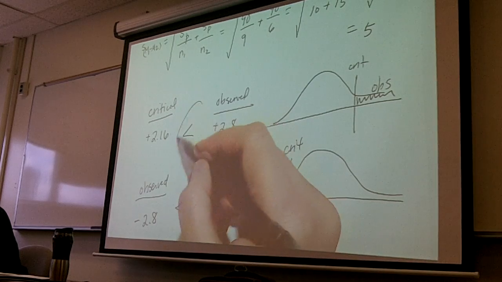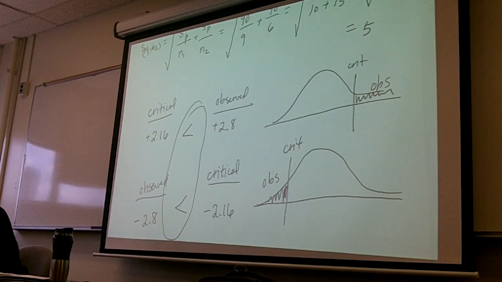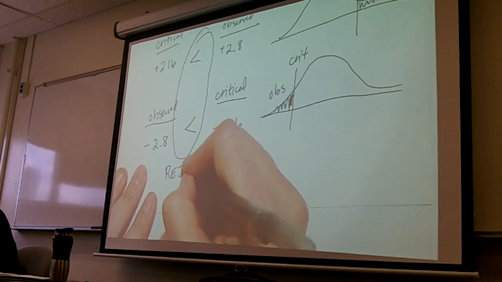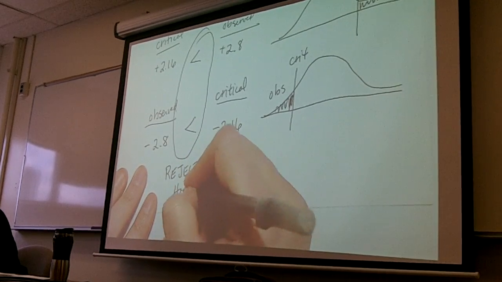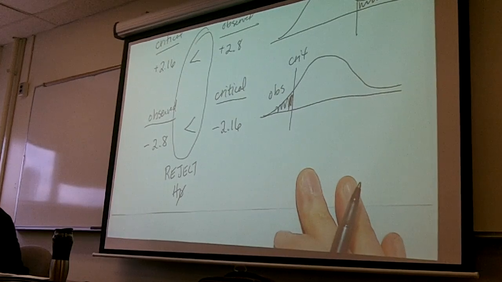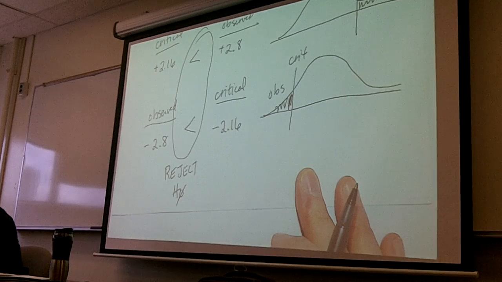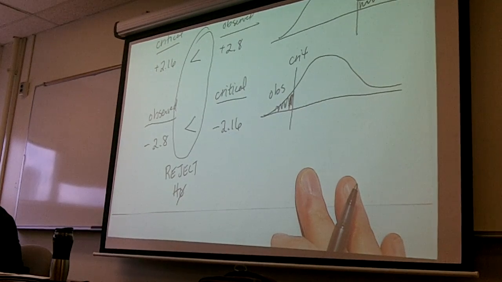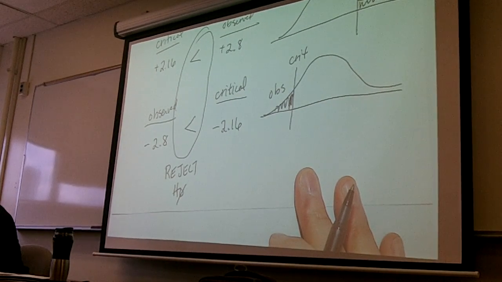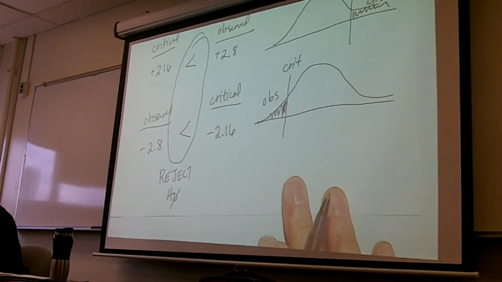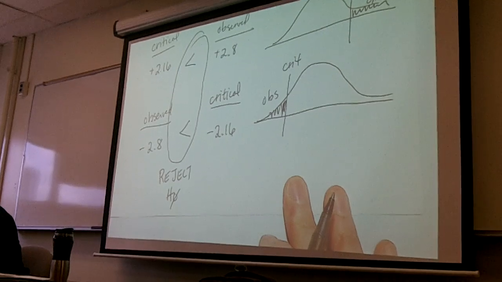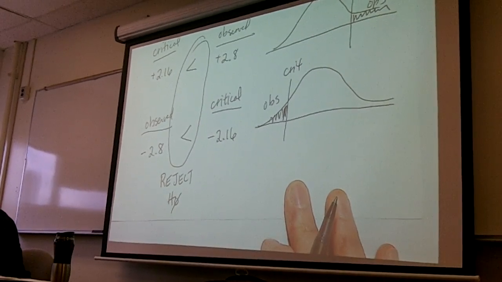And either way, those are going the direction to tell you to reject the null hypothesis. Okay? Make sense? Yes. All right. So, we're rejecting the null hypothesis, so there is a significant difference.